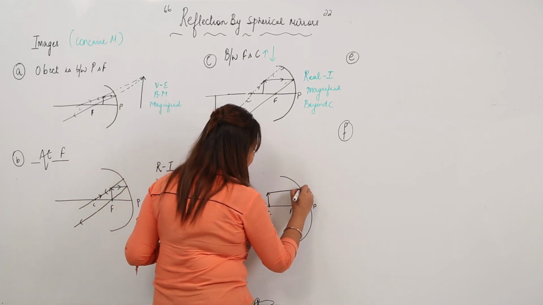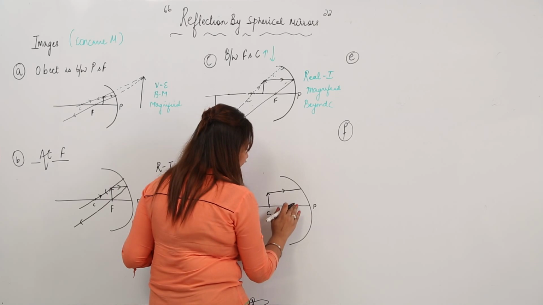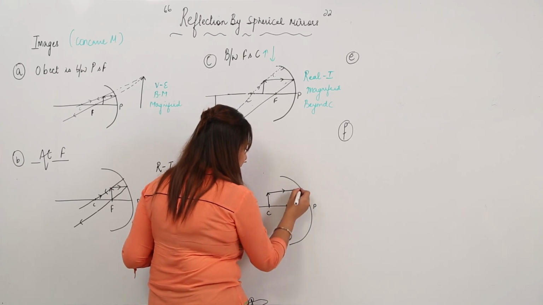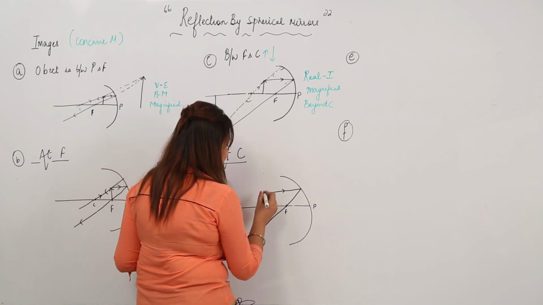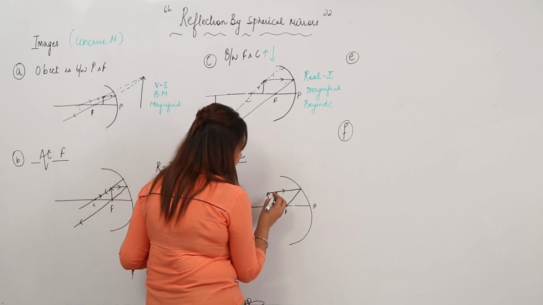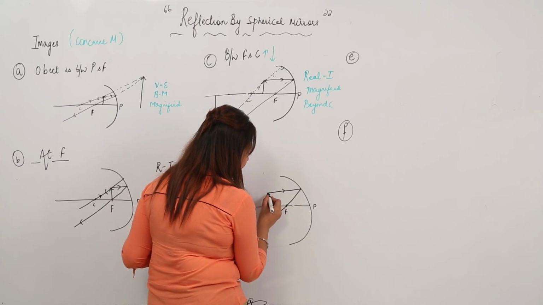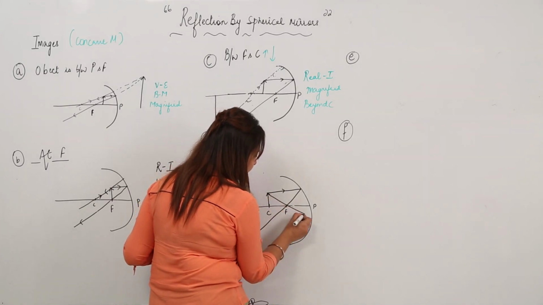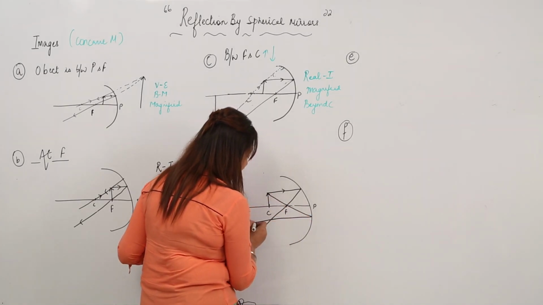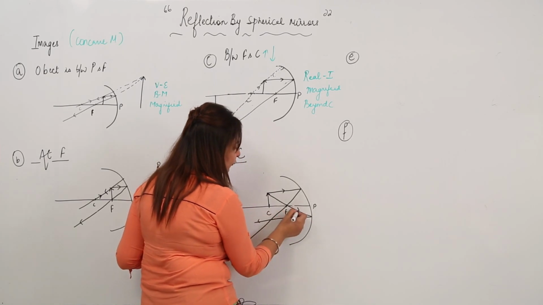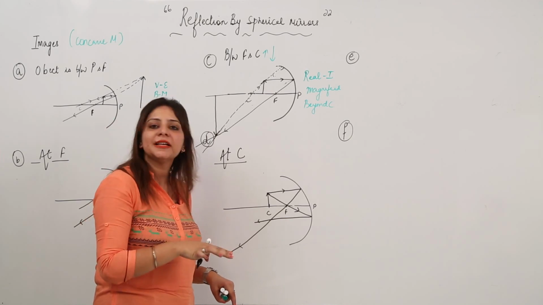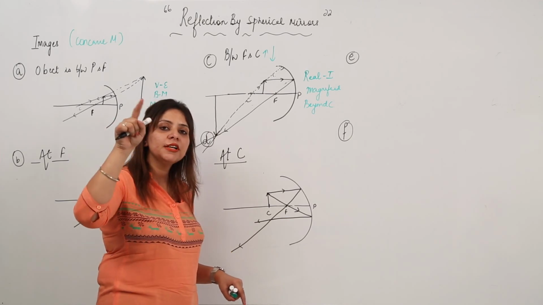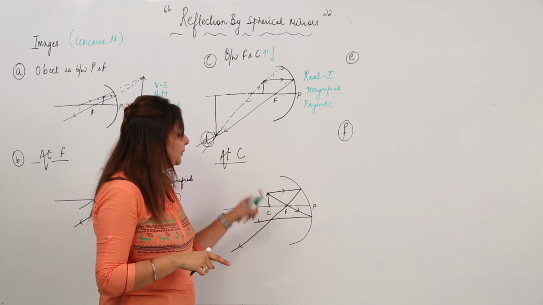One, the same one, a ray coming parallel which after reflection passes through the focus. And the other, a ray passing through the focus which after reflection becomes parallel, because we have this kind of rule also.